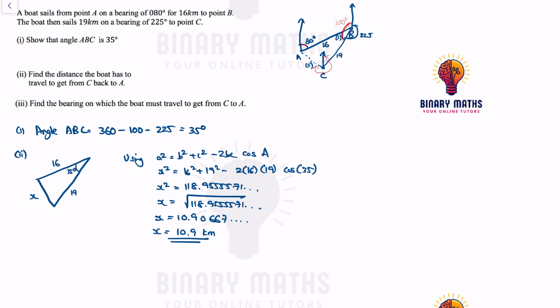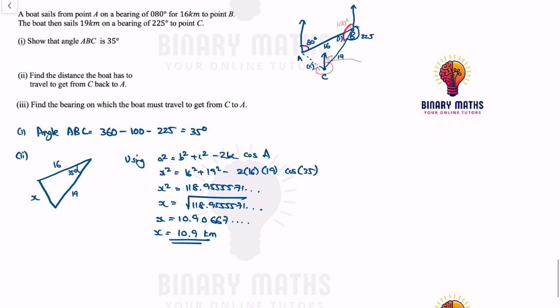So this little bit here must be 45 degrees. If I shade it in, that shaded part must be 45 degrees. What I need to do first is find this, let's call this y.